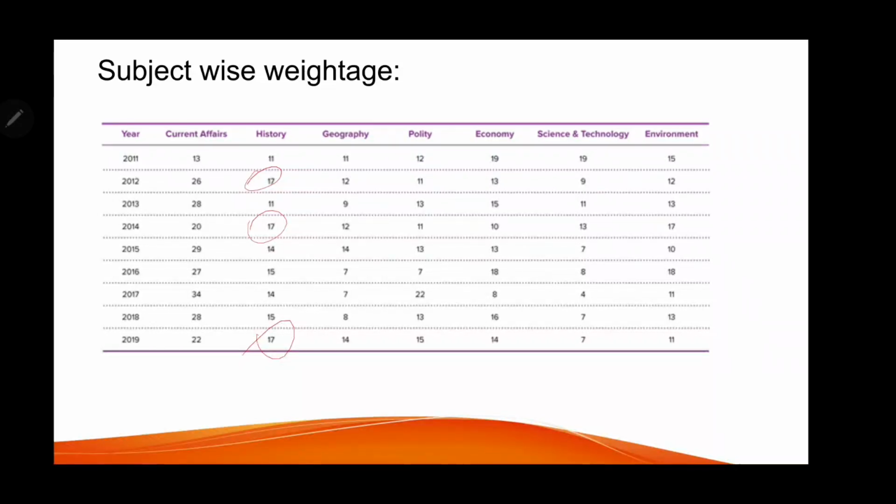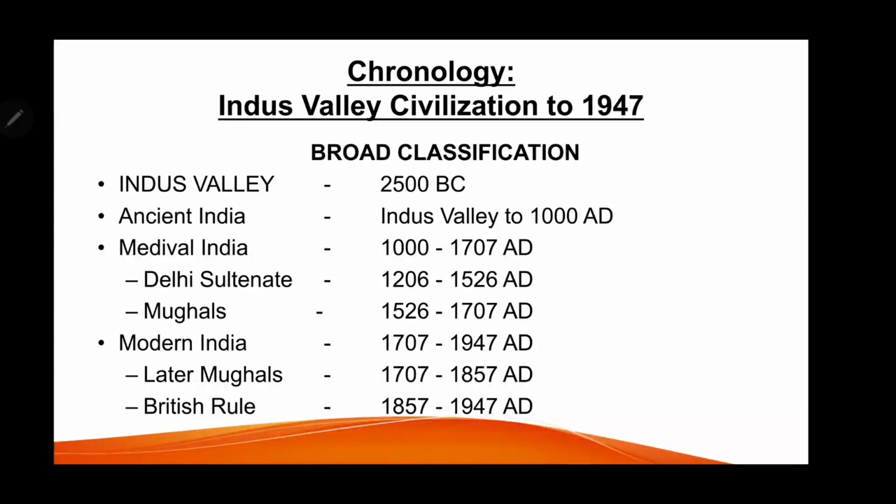Now, I'll be giving you the brief introduction of history. Firstly, we'll be discussing the chronology. Indian history begins from Indus Valley Civilization to 1947.